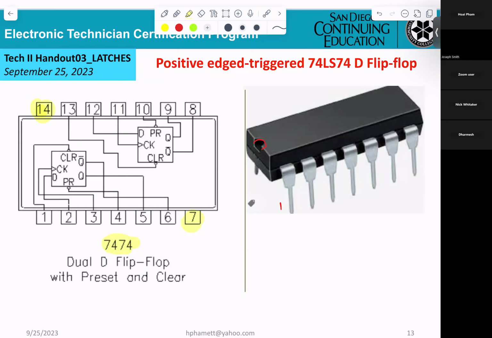If you're looking into the diagram, this is the IC here, with 14 pins. Inside, they get 2 flip-flops, 1 and 2.